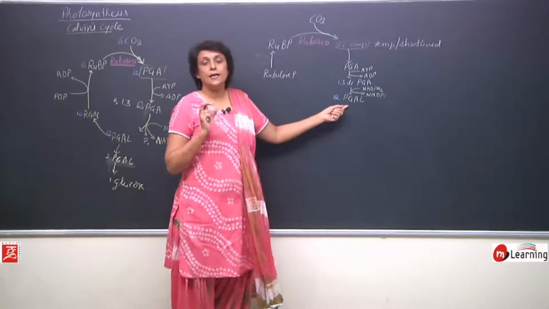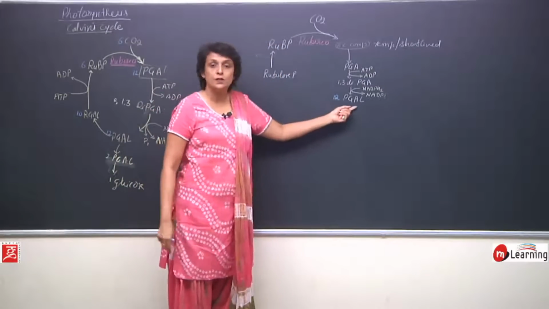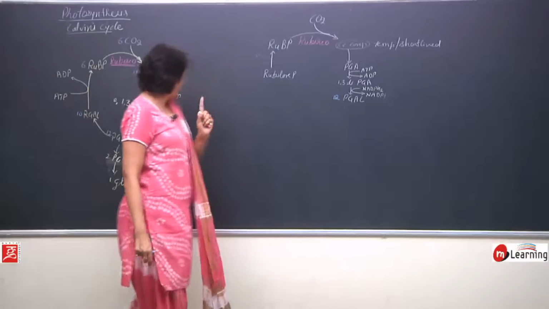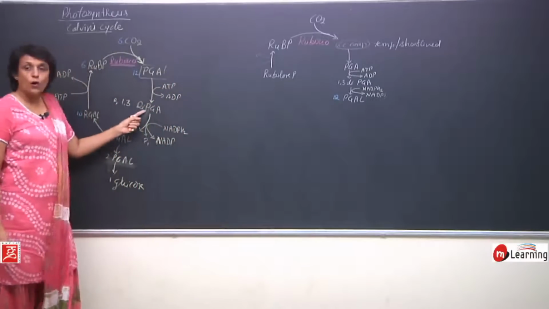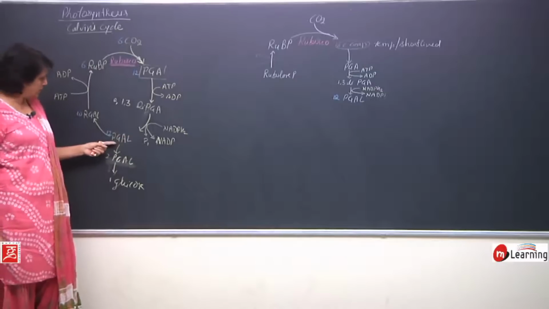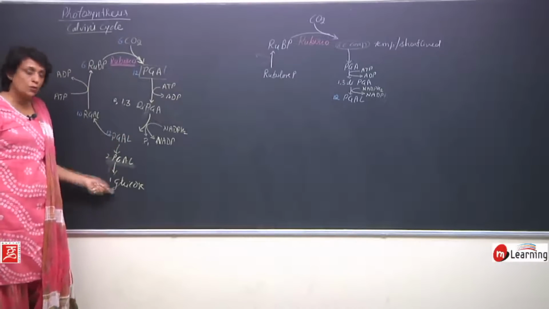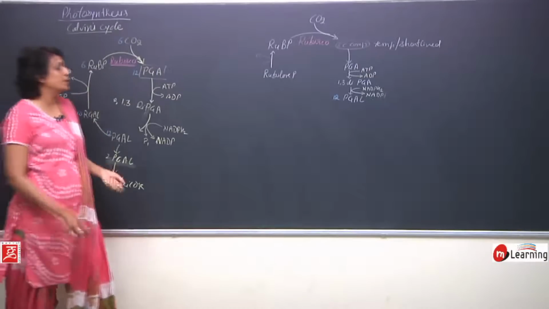Now all these aldehyde molecules or phosphoglyceraldehyde molecules, they do not participate in a single pathway. Here what we showed, that all of them undergo, they divide into 2 parts, one gives glucose, the other helps in regeneration.